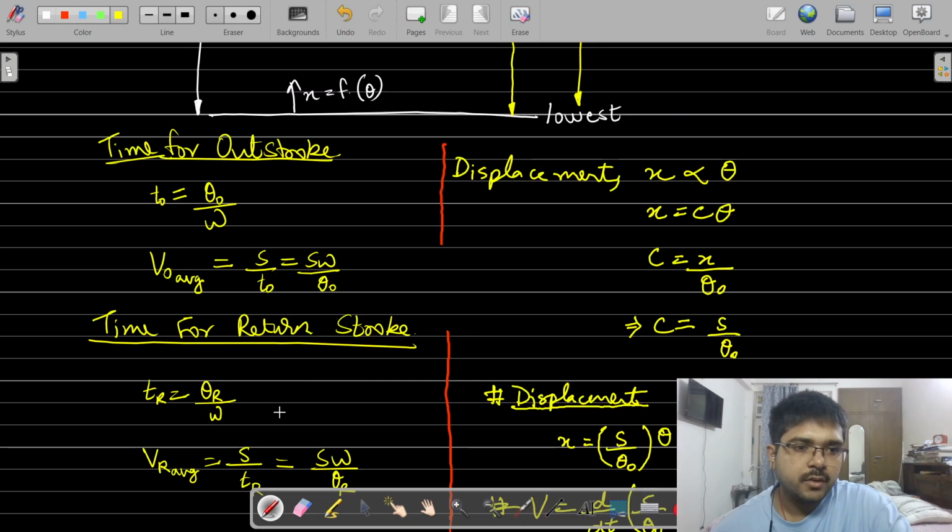So we have known V naught average, time for outstroke, time for return stroke.